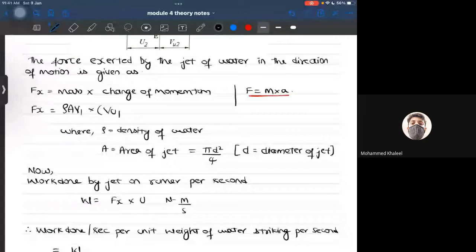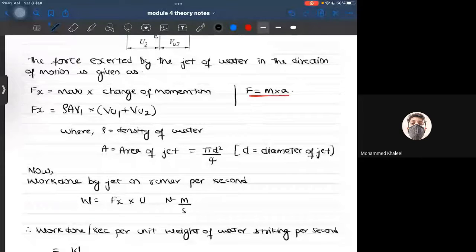So this is the Fx, where rho is the density of the water, and A is the area of the jet, which can be calculated by pi d square by 4, where d is the diameter of the jet.